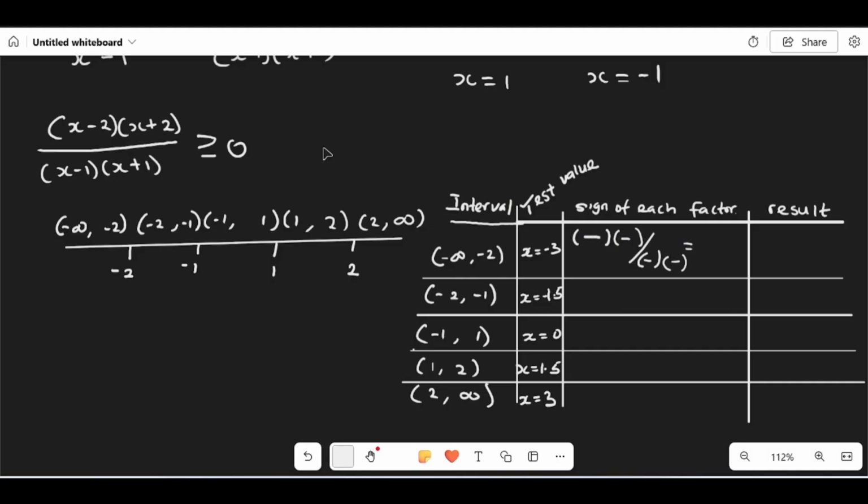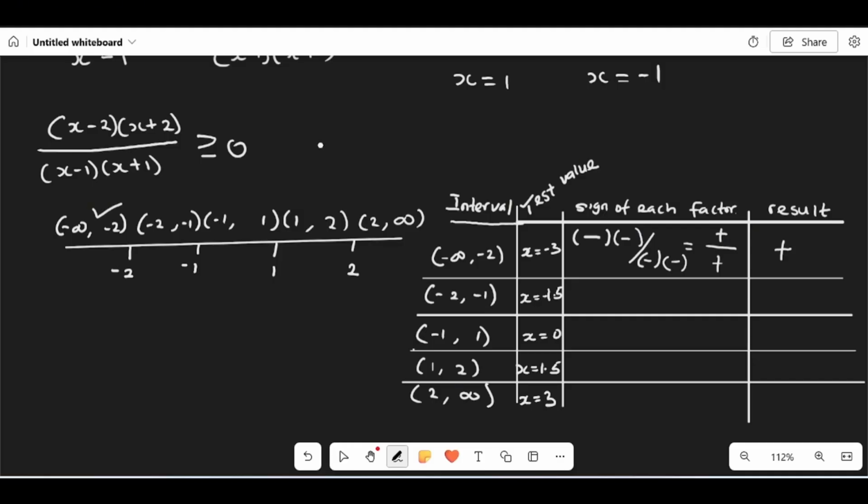Minus multiplied by minus, we are going to have positive. Here also minus multiplied by minus gives positive. Positive divided by positive gives positive. That means the positive value is greater than or equal to 0, so this interval is included.